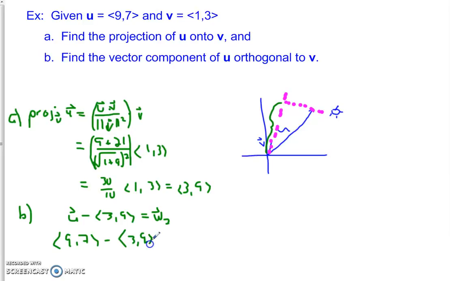I'm going to just write what that's equal to. 9 minus 3 is 6, and 7 minus 9 is negative 2. And it's not hard to see that you're going over 6, down 2 for that vector as well. So there's my answer. That's the vector component of u orthogonal to v, and I'm going to call that W2. Alright.